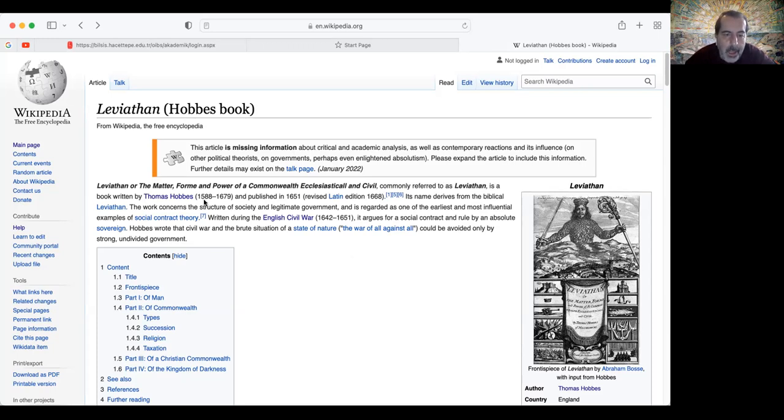Basically, he lived between the 16th century and the 17th century, 1588 to 1679. He had a long life and he was very productive, actually. In his 90s, for example, he started translations of Homer's books, the Iliad and the Odyssey. So he was a very interesting guy.